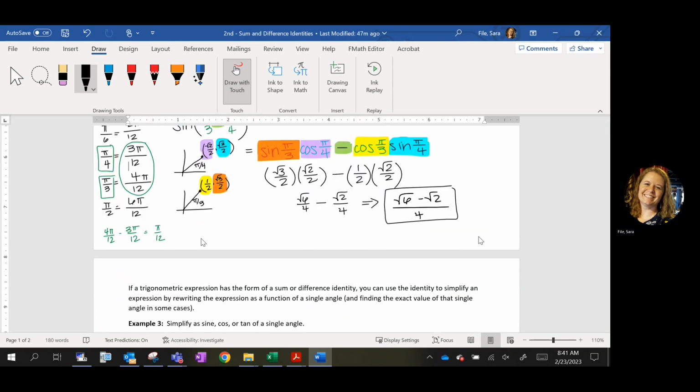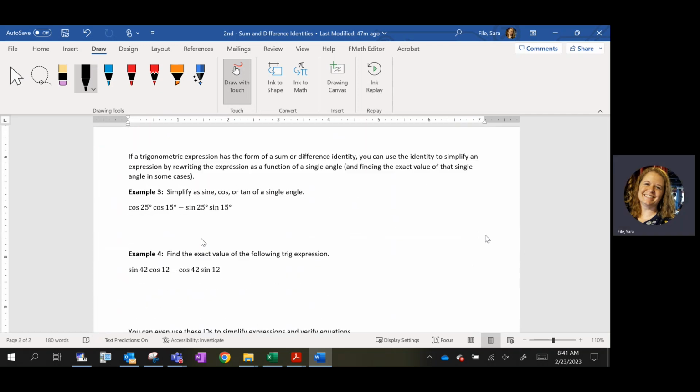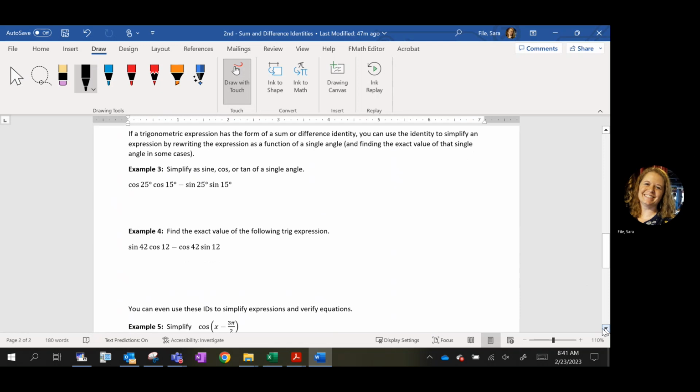All right. Let's see another way that we could use sum and difference identities. It says here, if a trig expression has the form of a sum or difference identity, you can use the identity to simplify an expression by rewriting the expression as a function of a single angle. So it's like we're condensing this instead of expanding it with the identity.